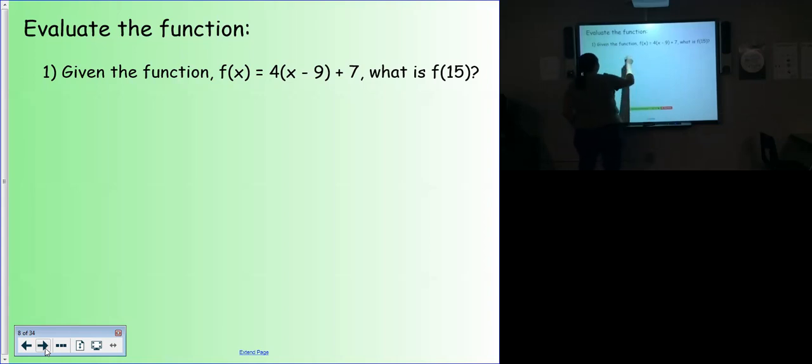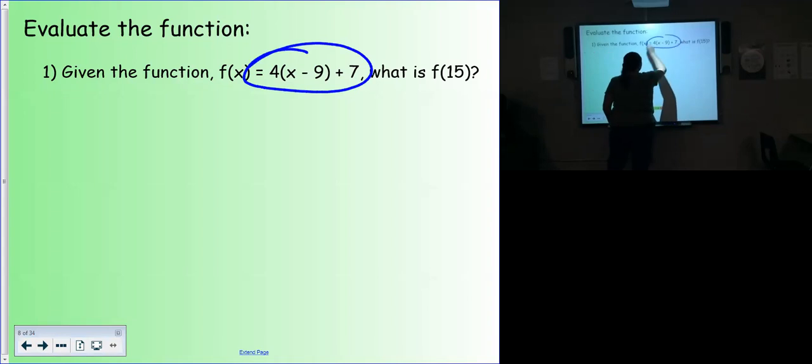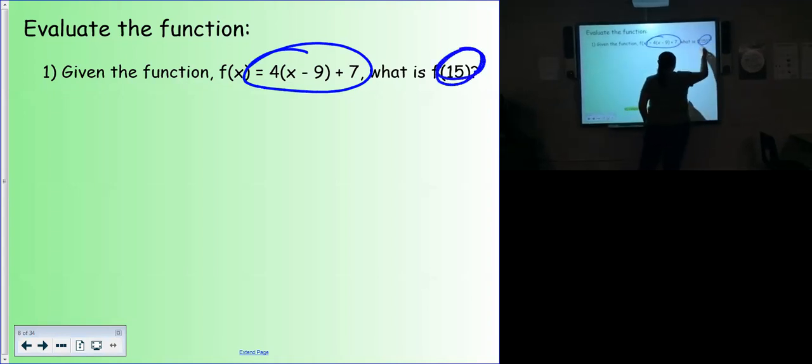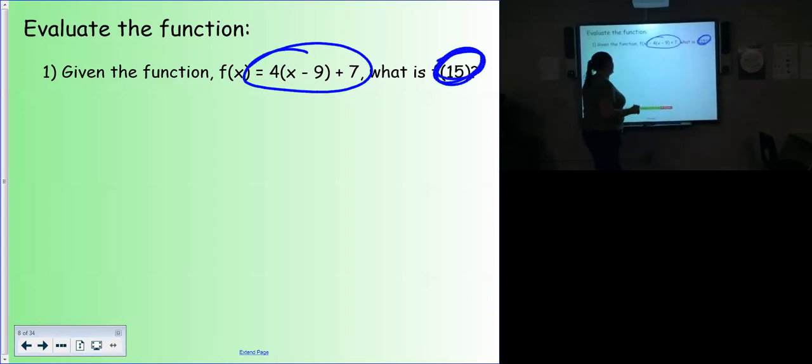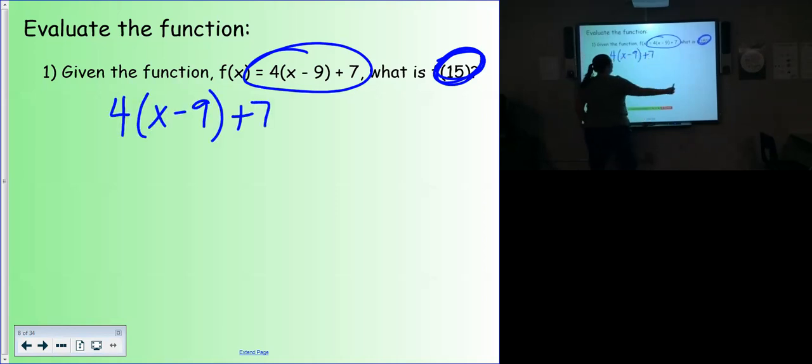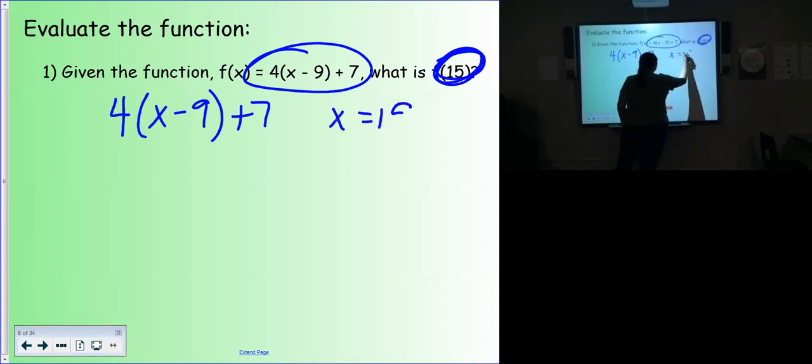All right, so I have this equation right here. I got this number right here. Remember, those are the only two things that are important here, guys. I don't care about any other things besides those two things. So I have 4x minus 9 plus 7, and I know x equals 15.